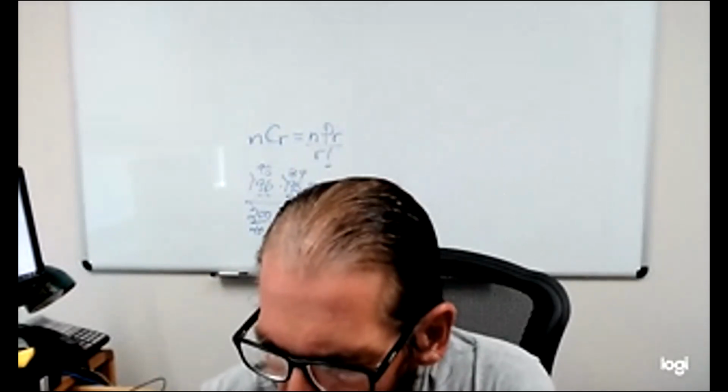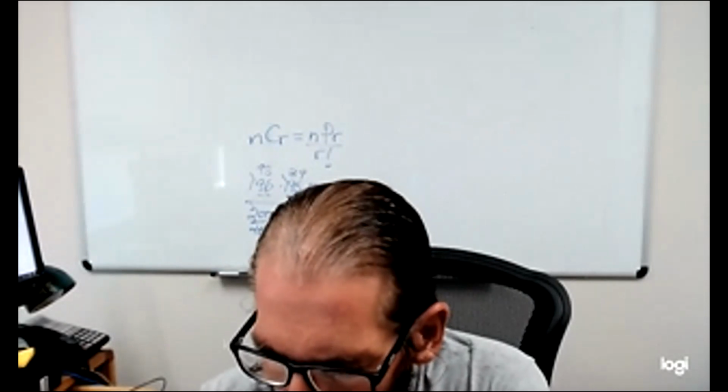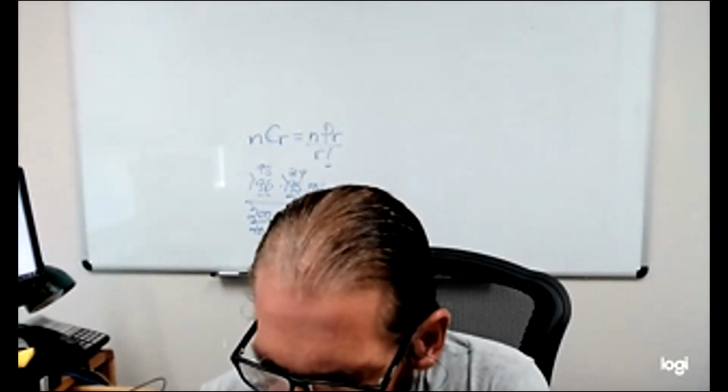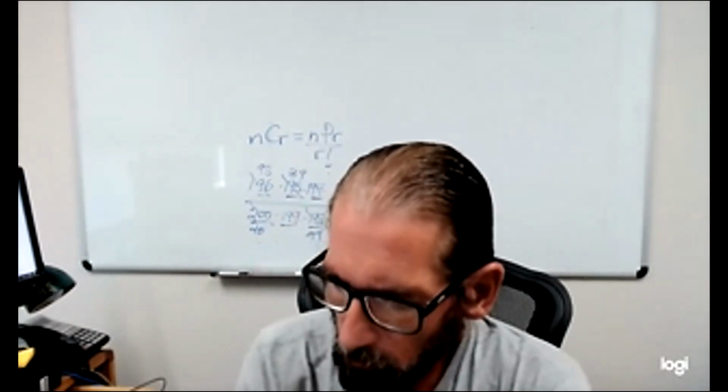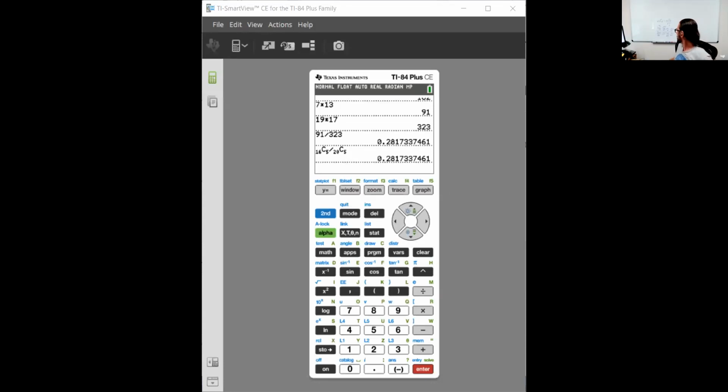So let's do the multiplication and the division on the calculator. We'll round to 4 places again, to the nearest 10,000th.